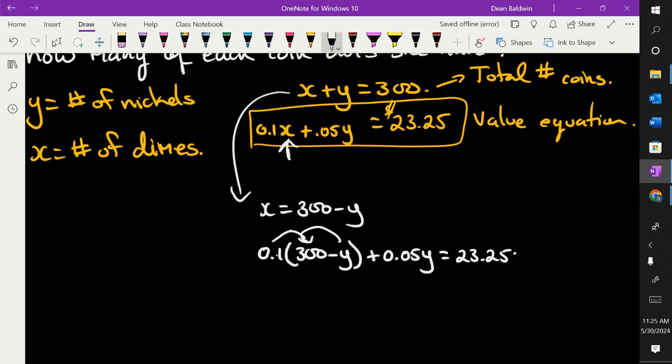So 0.1 gets multiplied in there. What's 0.1 times 300? It's 30.